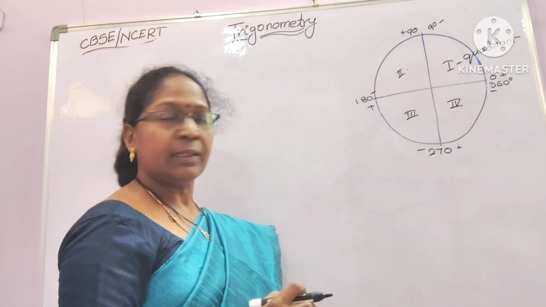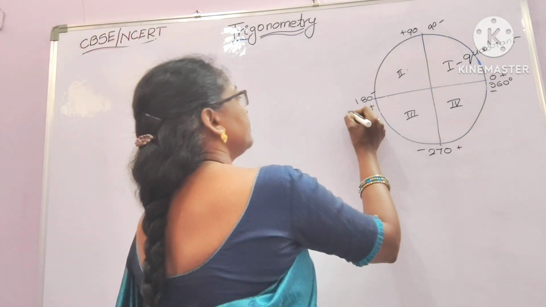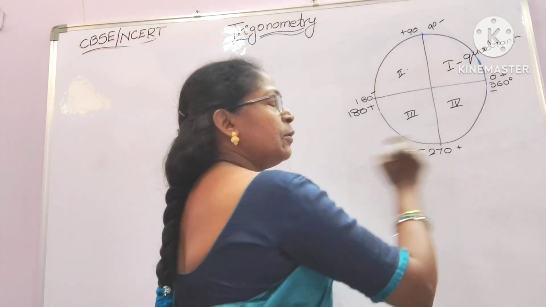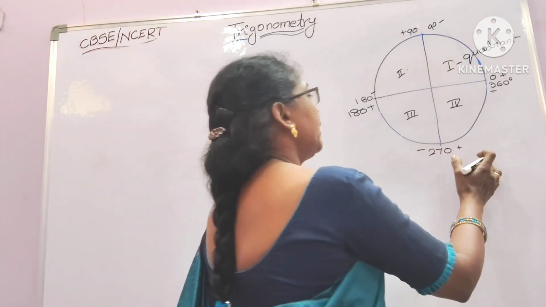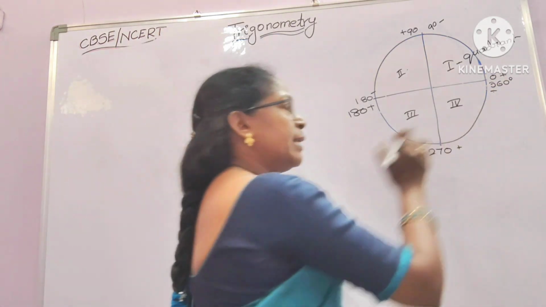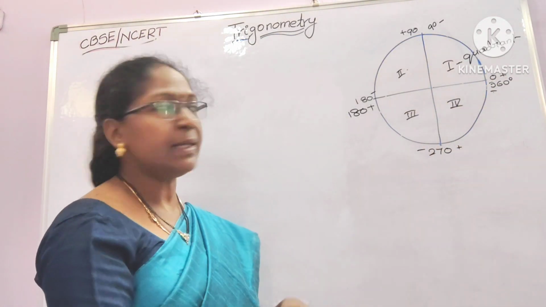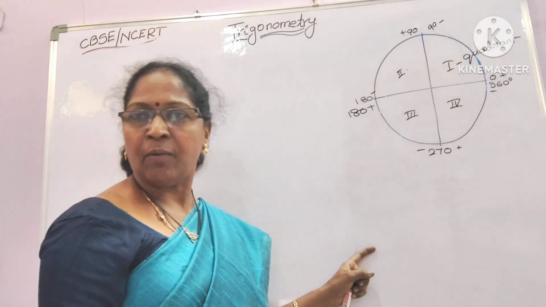And 180 plus means more than 180 degrees and less than 270 degrees, that comes under the third quadrant. And 270 plus and 360 minus degrees come under the fourth quadrant. 360 plus and again 90 minus come under the first quadrant.